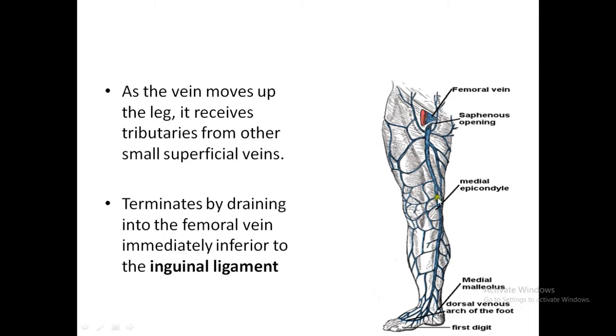So, the great saphenous vein, formed by the dorsal venous arch of the foot and the dorsal vein of the great toe, moves up medially, and at the level of the medial malleolus it is anterior to it. Then it ascends medially, but at the level of the medial epicondyle of the knee it becomes posterior.